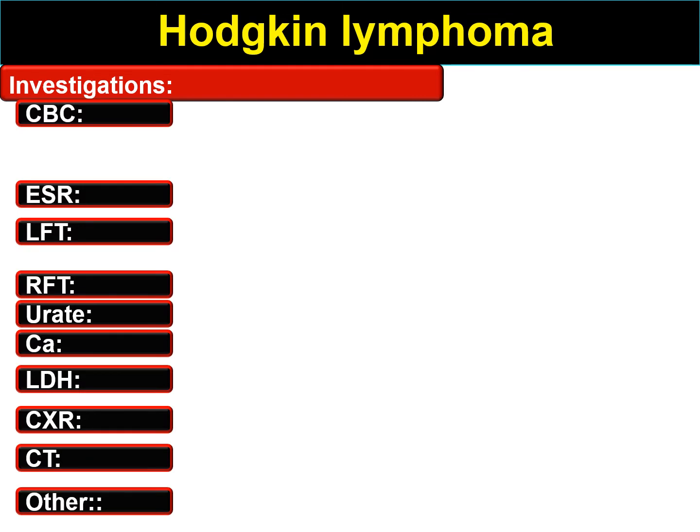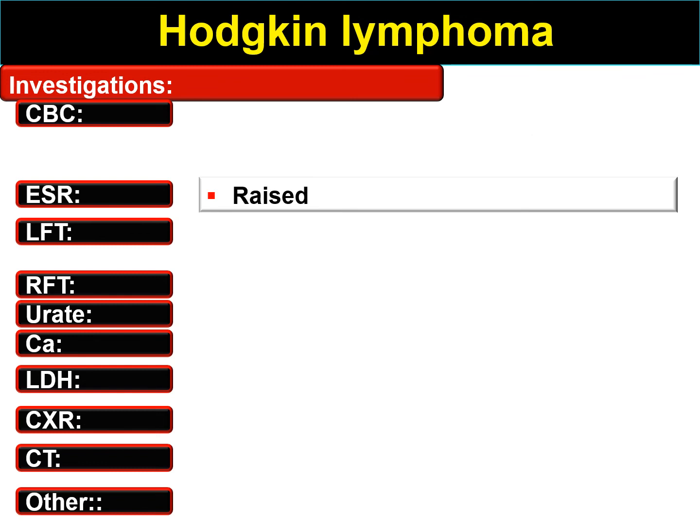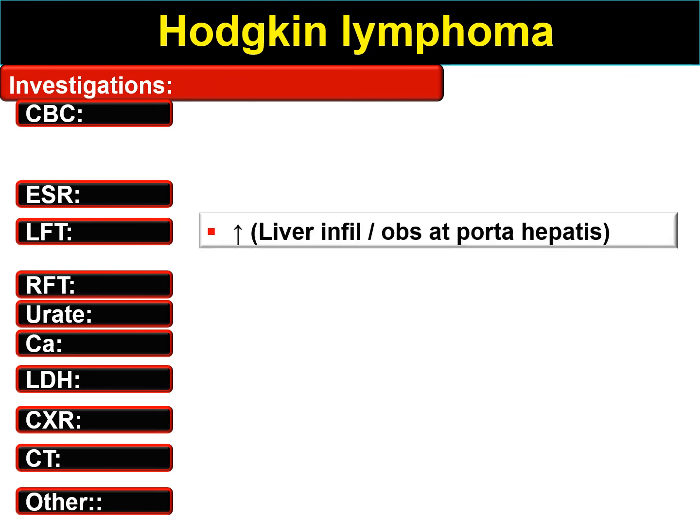Now, many tests are done to diagnose this disease. CBC is the first basic test that reveals anemia, normocytic normochromic type, and eosinophilia, neutrophilia, and lymphopenia. ESR is raised, and LFTs are disturbed when there is liver infiltration or there is obstruction at porta hepatis.